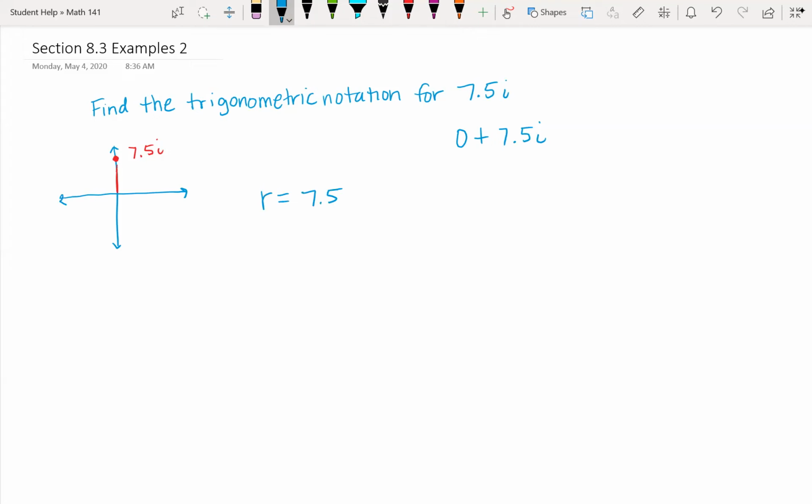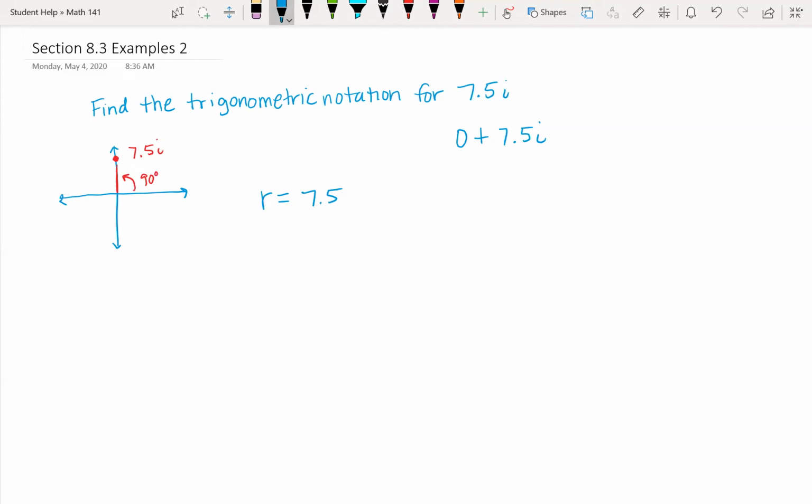We can go through the whole formula, square root of a squared plus b squared, but we're still going to end up with 7.5. And then we can also use those formulas we had before to find the angle using sine and cosine, but I can see by looking at the picture that the angle is going to be 90 degrees, right? Just by looking at it.